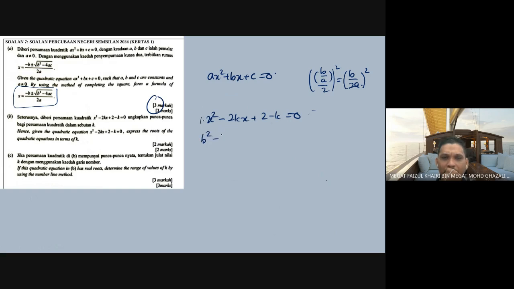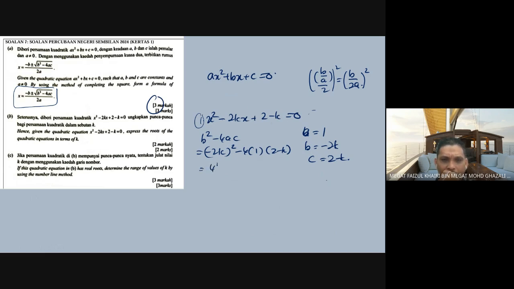So b squared minus 4ac. According to this, a equal to 1 here, b equal to negative 2k and c equal to 2 minus k.